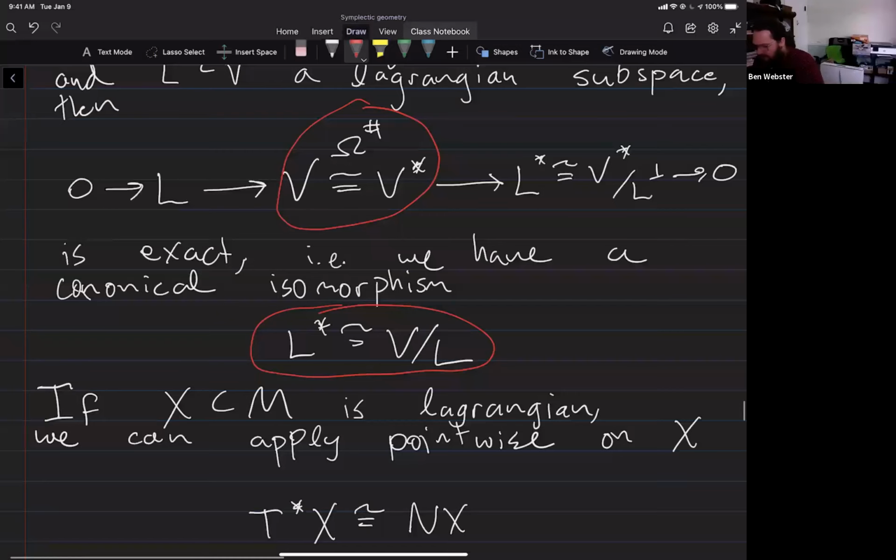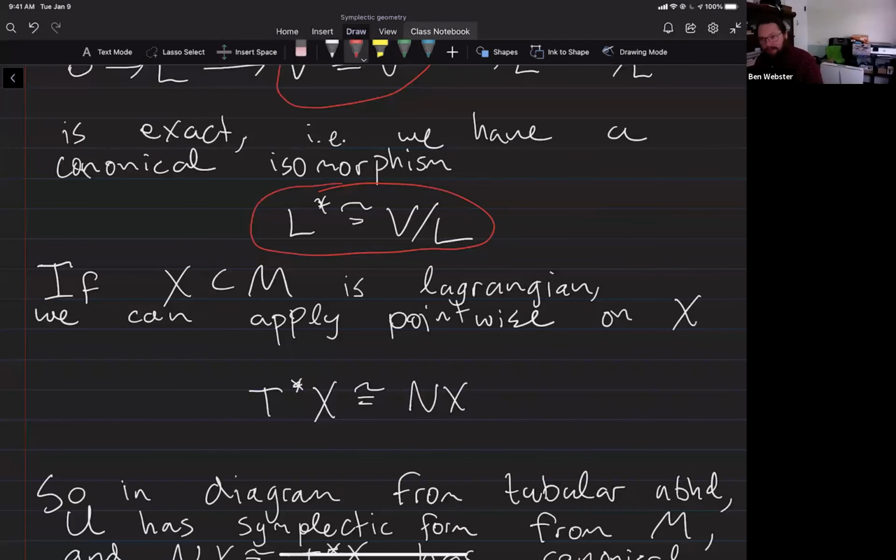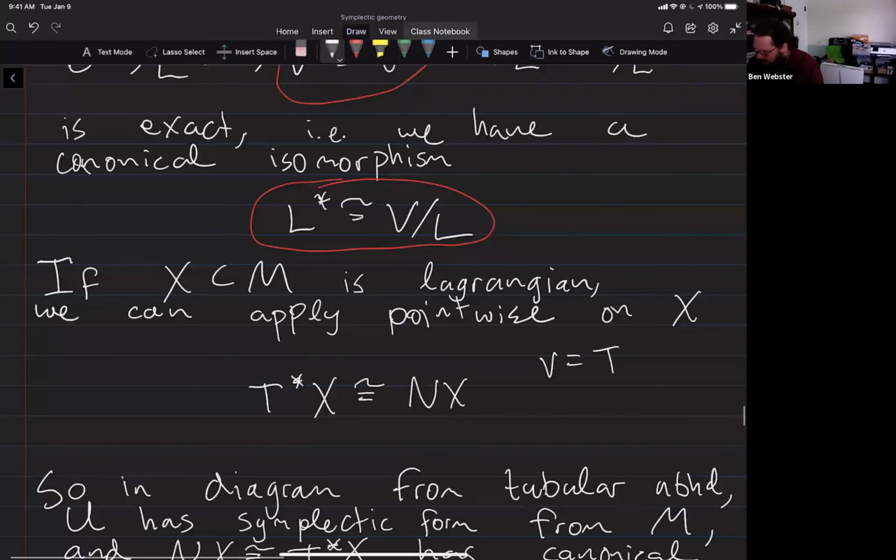So if I have a Lagrangian submanifold, I can apply this observation pointwise with V being the tangent space to all of M, and L being the tangent space to the submanifold X. That L dual becomes the cotangent space to X, and V mod L is exactly the normal space.